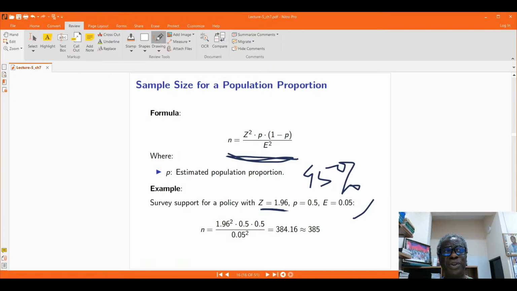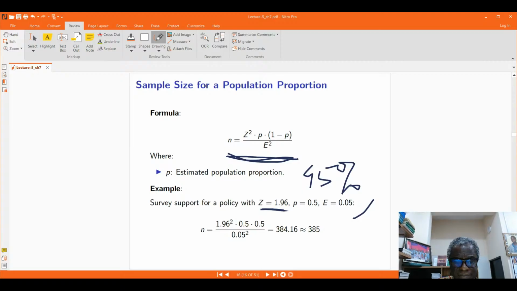The proportion of the population that is in support of the policy is 0.5. So we assume 50% of the population support.